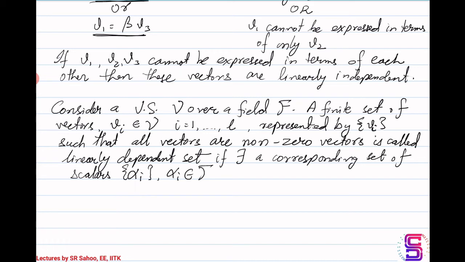And where are the scalars going to come from? They are going to come from the field. Not all zeros. So we have a set of scalars where not all of the scalars are zero, such that if you take a sum of the scaled versions of the vectors, then the sum turns out to be a zero vector.